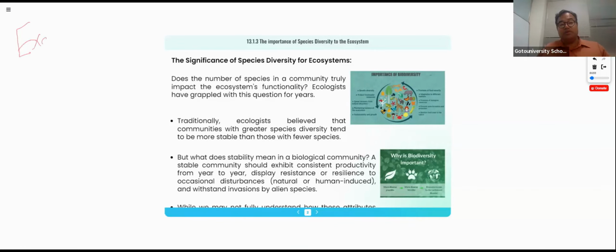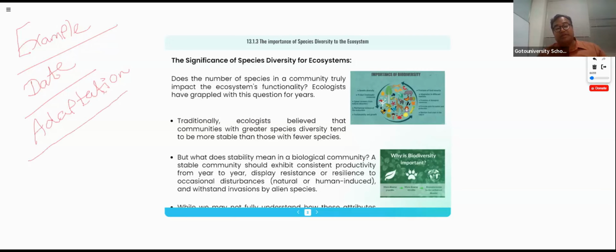If you're talking about consistency, in each and every year we observe the same amount of date productivity. Why? Because it is an adaptation. But what type of adaptation exactly? The leaves have thick cuticles, which makes the date plant survive more efficiently in the climatic condition.